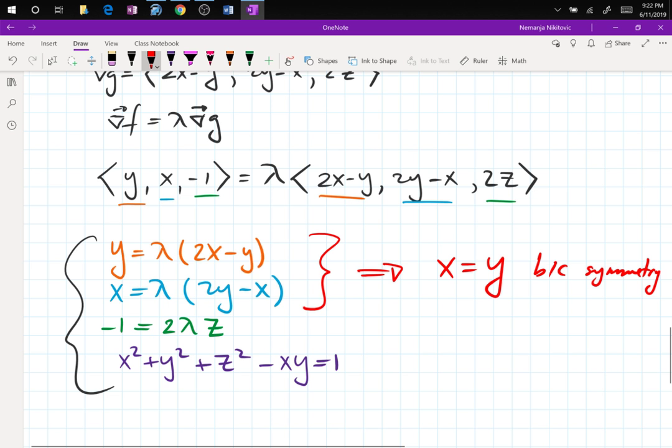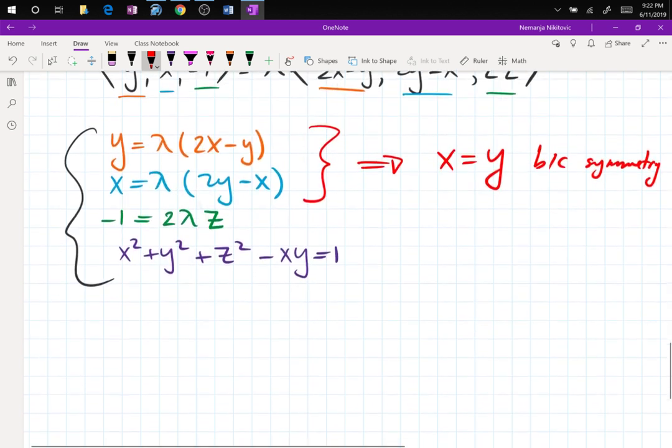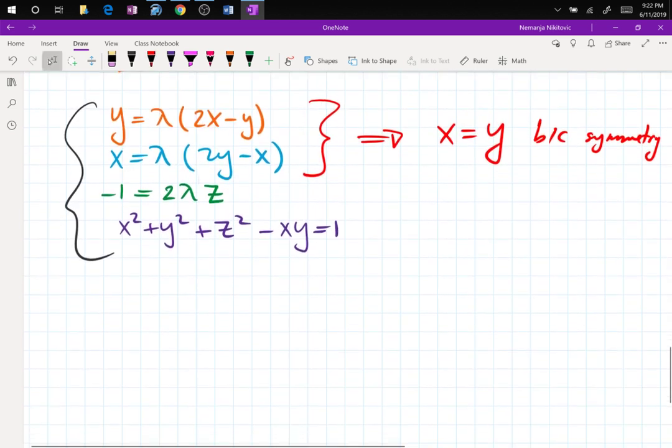So we just discovered that y equals x from these two equations, and now we can simplify the system greatly. I don't care which one you pick, orange or blue. You will replace either all x's or all y's, and then you will calculate. Since x equals y, I'm going to replace each x by y.